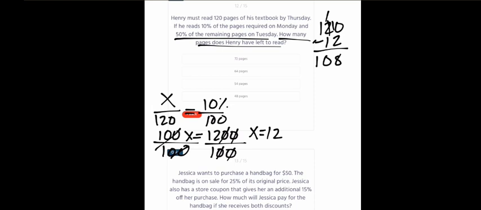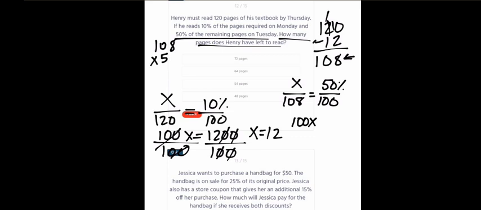Then it says that he read 50% of the remaining pages. So of this. Not the 120, but what's left over after Monday, okay? That's what he reads Tuesday. So let's find out what that number of pages is. We plug in 50% for our percentage, and we plug in an x so we can find out what that number is. 100 times x is 100x, and 108 times 50 is not so straightforward, so I'm actually going to work that one out with you. 0 times 8 is 0, 0 times 0 is 0, 0 times 1, 0.